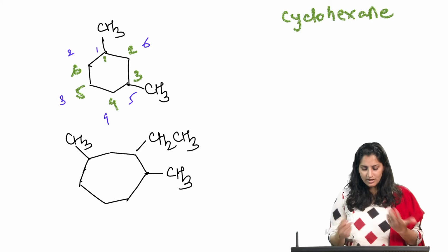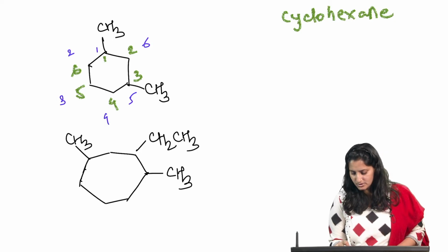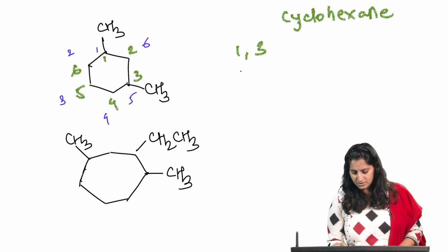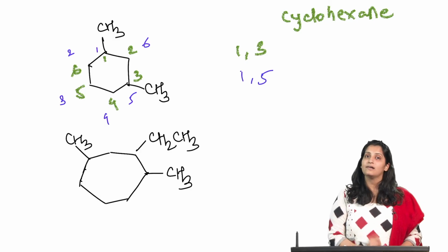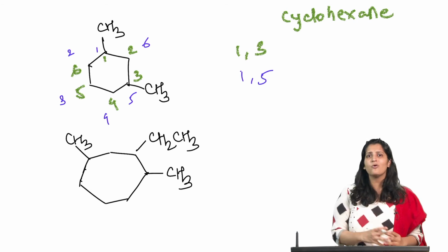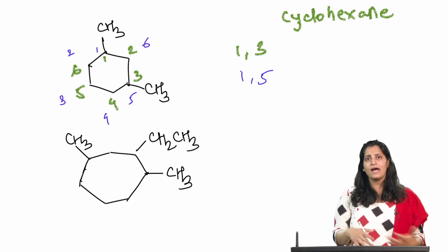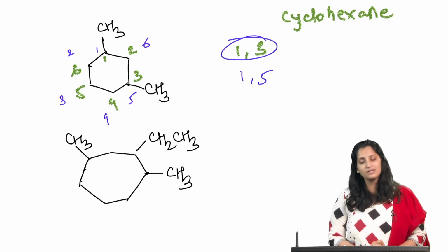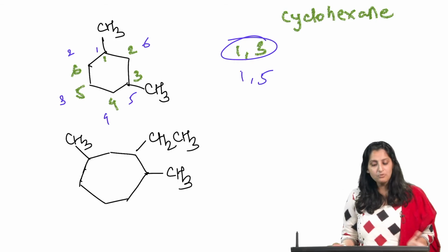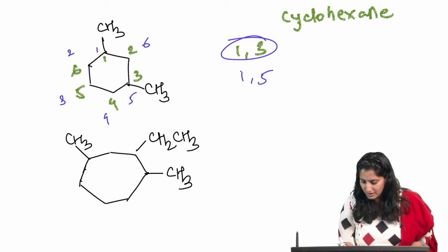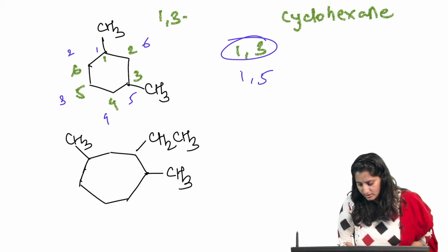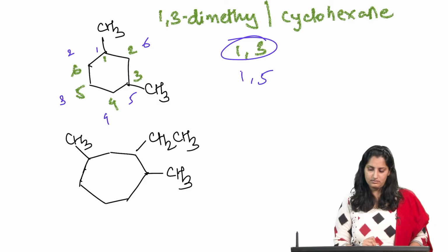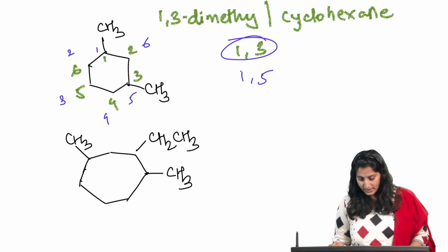If I use the green way of naming, I can have substituents at 1, 3. If I use the blue way of naming, I can have substituents at 1, 5, right. So, obviously, we do not want 1, 5 because I can have the same name with a lower possible number associated with it. So, the 1, 3 will be better, and the name of this particular cyclohexane will be 1, 3 dimethyl cyclohexane.